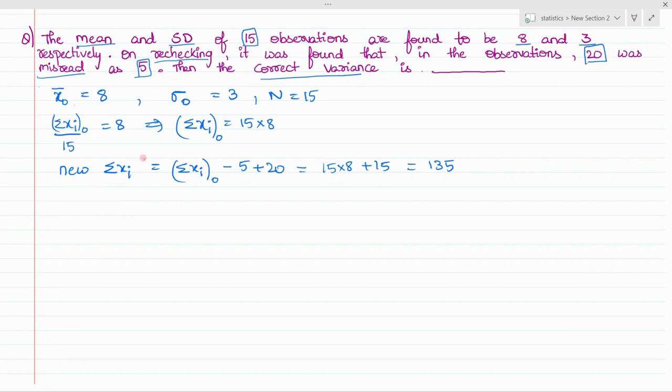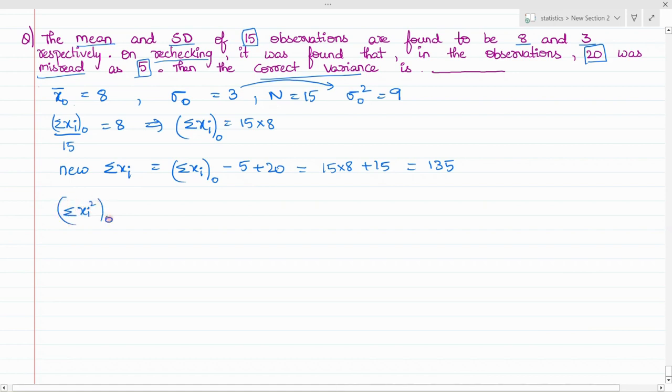Now, according to the standard deviation formula, from this we can write the variance also, that is 3 square, 9. According to this formula, that is sigma xi square, this is of old, upon total number of observations, 15, minus the old mean, that is 8 square, is equal to the variance, that is 9.